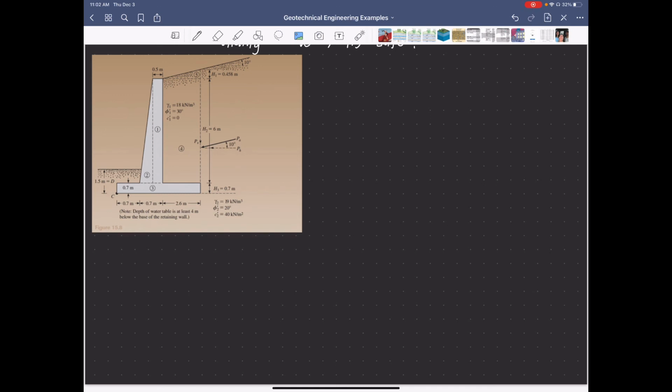And the formula that we have for the bearing capacity failure is factor of safety against the bearing capacity is equal to Q sub U over Q max, or the maximum pressure at the base of the retaining wall.